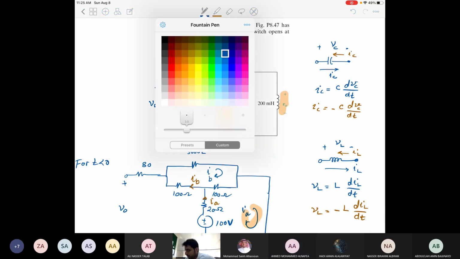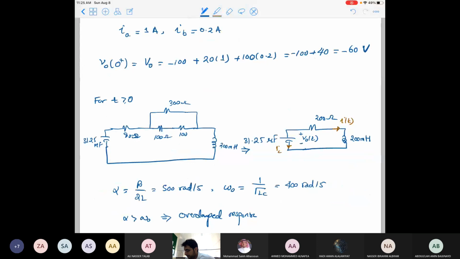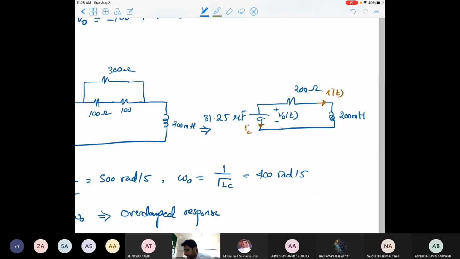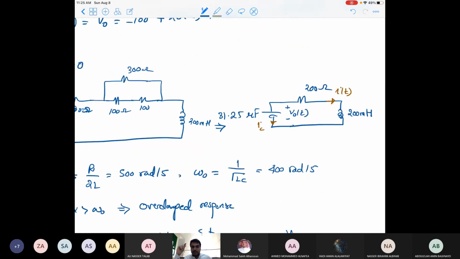Yes. Now let's go back to the circuit we have. The things that are fixed are the current passing through the inductor for t equals 0, and the voltage across the capacitor for t equals 0. So we know the voltage from the initial condition is going to be negative 60, and it's going to be in this direction. This is the direction of the voltage that we're interested in.